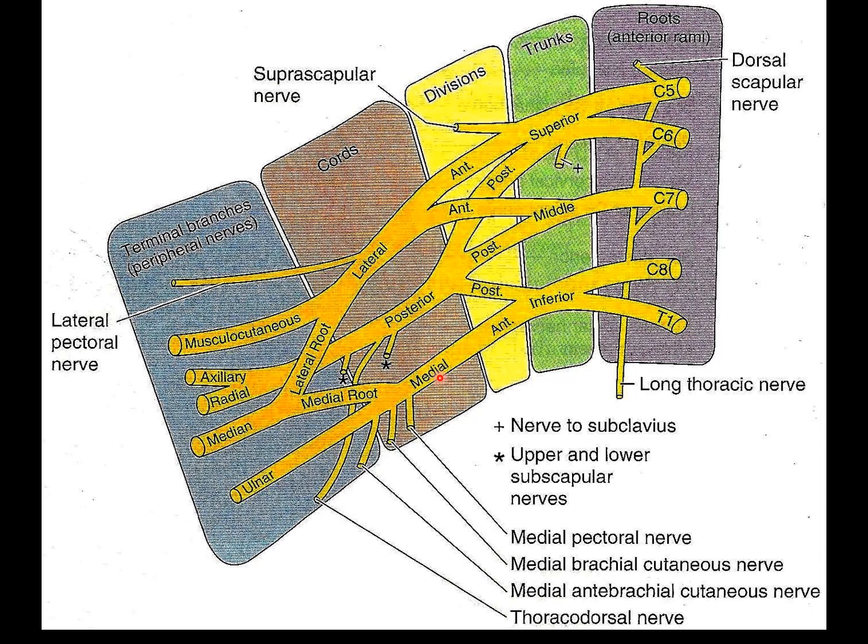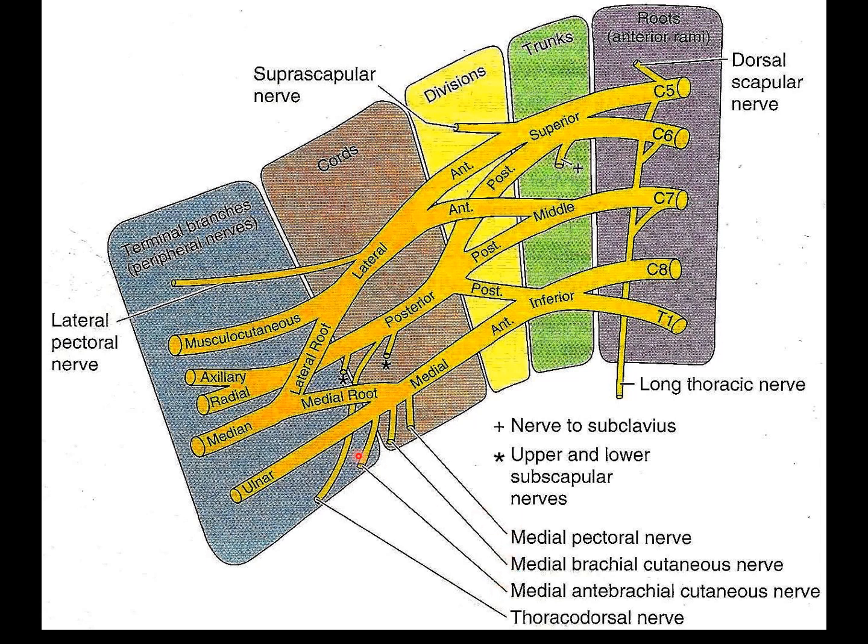The medial cord gives five branches: the medial pectoral nerve, the medial cutaneous nerve of the arm, and the medial cutaneous nerve of the forearm. Brachial means arm, and antebrachium means forearm. So these are medial brachial cutaneous and medial antebrachial cutaneous nerves.